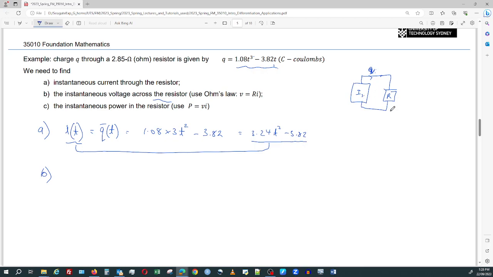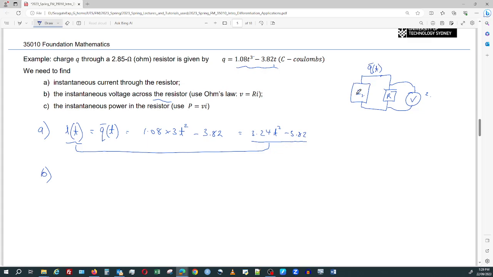It comes back to our current source. And the question is asking, what's the voltage that sits there as that current flows, as that charge over time, that differentiated charge flows through as current? I'm going to leave it as Q(t), but I'll put the differential just to remind ourselves that it's the differential.